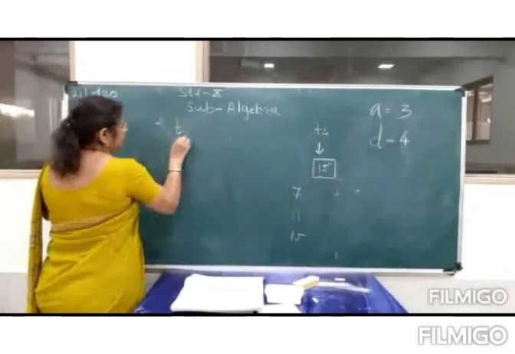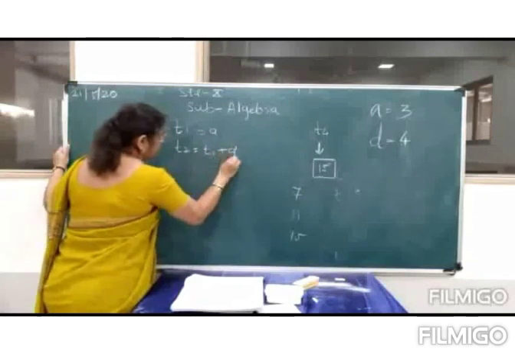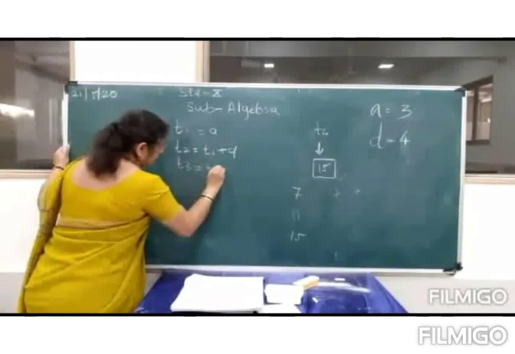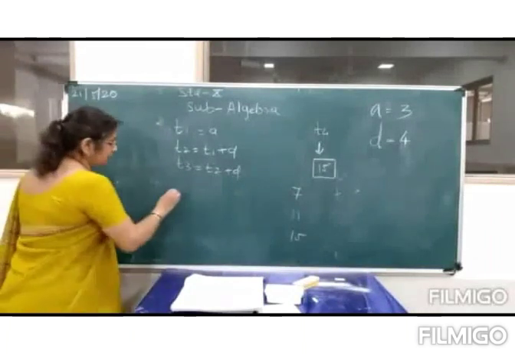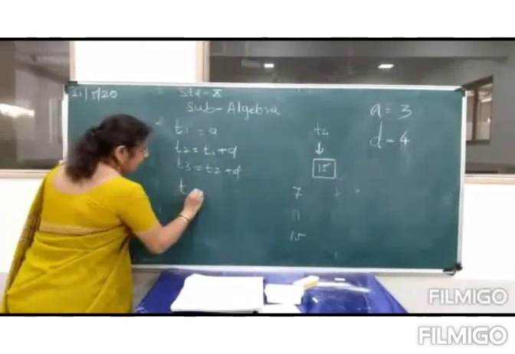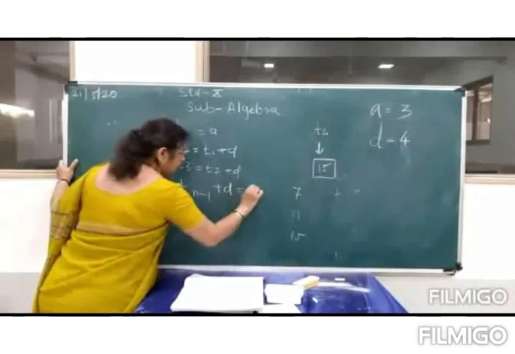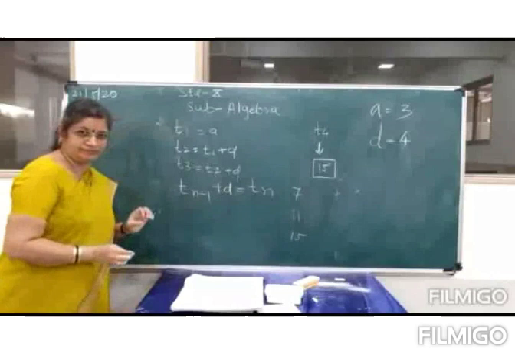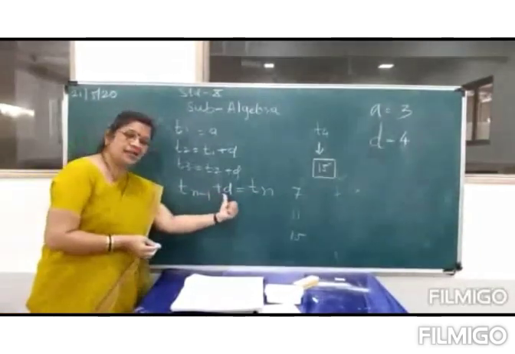Again I am writing this: T1 is equal to A, then T2 is T1 plus D, T3 is T2 plus D, and so on. Then we can generalize it as Tn minus 1 plus D is equal to Tn. Tn minus 1 means what? It is the preceding term and D is the common difference.